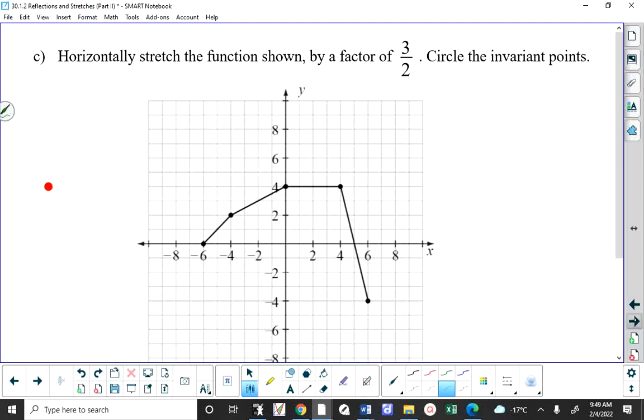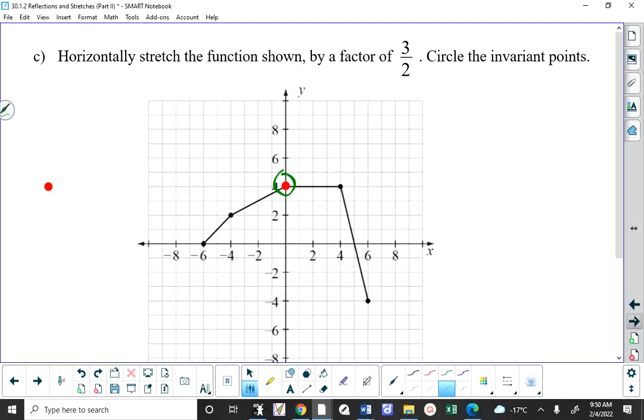Anything to the right of the y-axis is going to have its distance to the y-axis multiplied by 1.5, so it'll be 1.5 times further away. Which means anything on the y-axis will be invariant. We could even circle it right now, that has to be invariant.